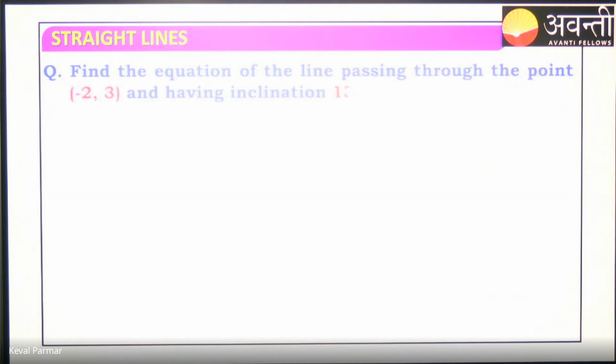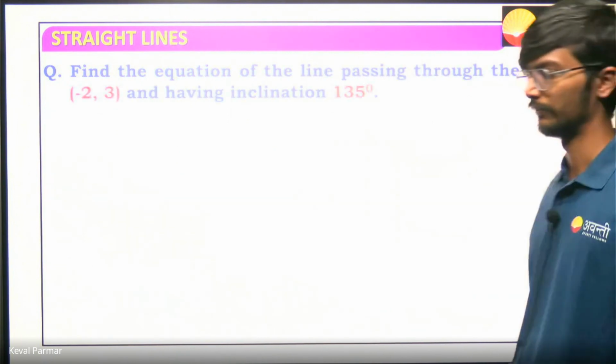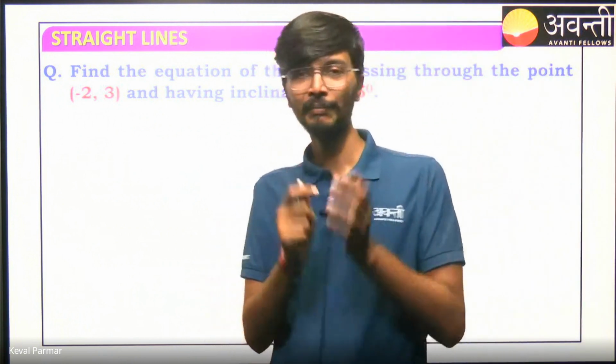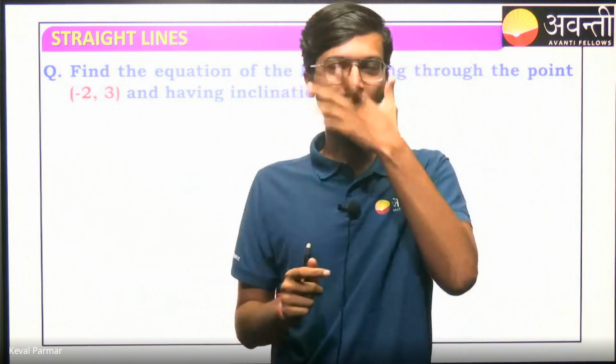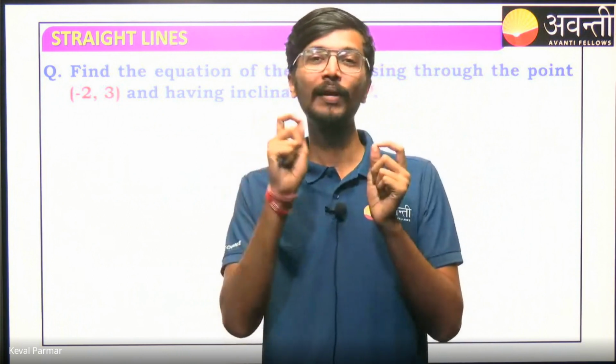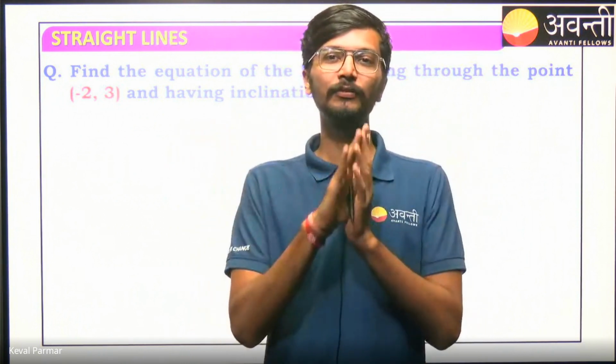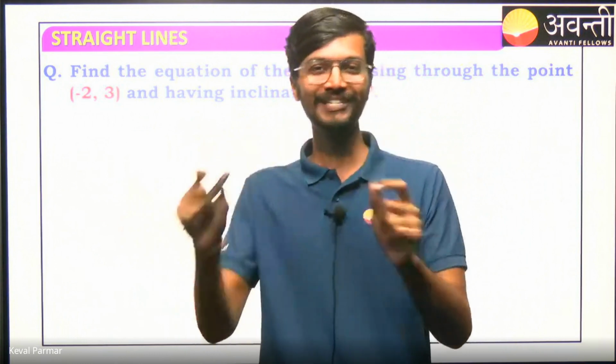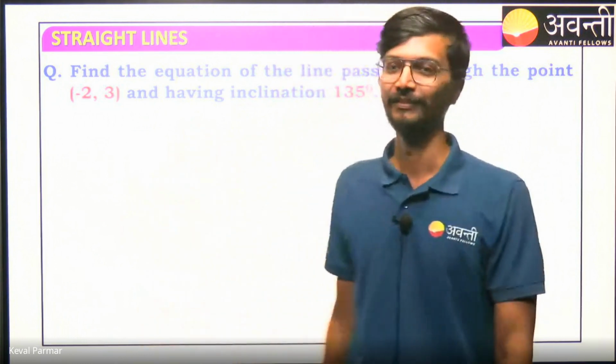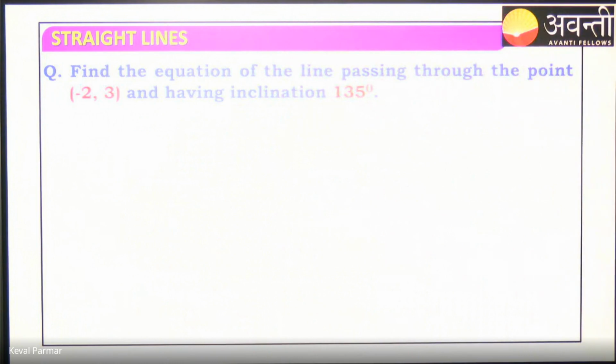You have to do it very fast. Very simple questions. Come on, let's see who gets this. Inclination is given here. Remember, whenever in a question we have to find the equation of a line, I always prefer slope point form because that is the best available. Let's see what answer you get here.